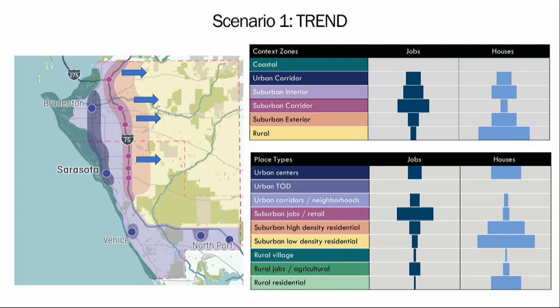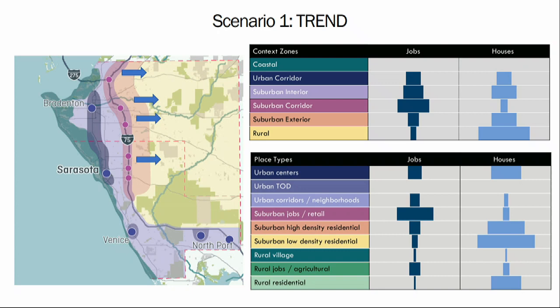And in this visualization, for each trend, we analyzed what the impact in these zones would be, as far as how many jobs would be in each of these context zones, and where the housing would be.